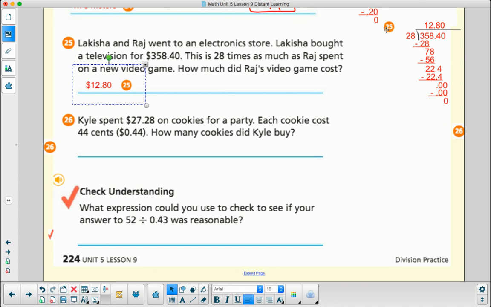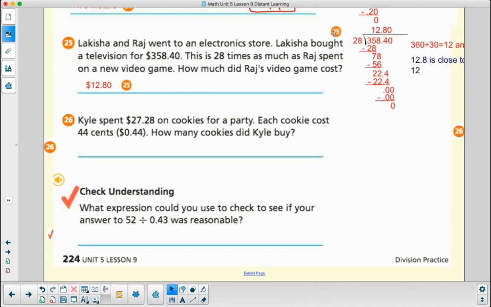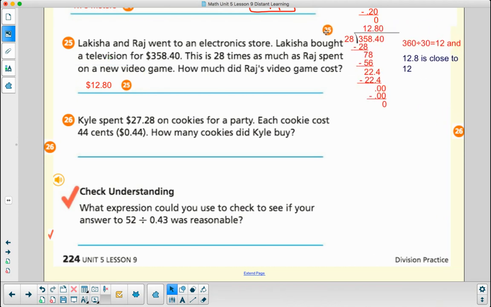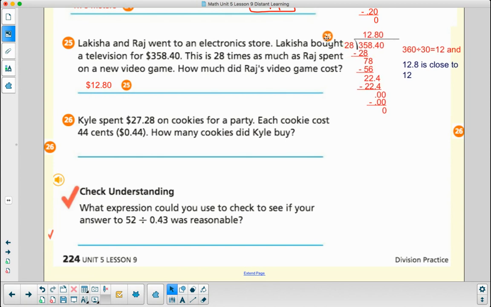Now, because these are made up stories, I don't know if that's reasonable necessarily or not, but is my division reasonable? Well, dividing by 28 is not easy for me to do mentally, so I've changed it to 30 because then I'm really dividing by 3. Then I looked at the first two digits in 358 and thought 35 is close to 36, which is divisible by 3.